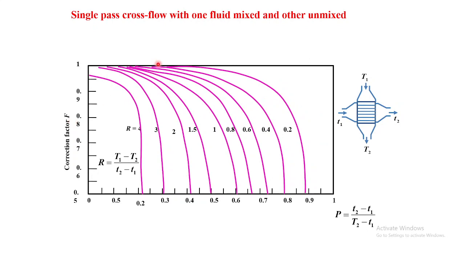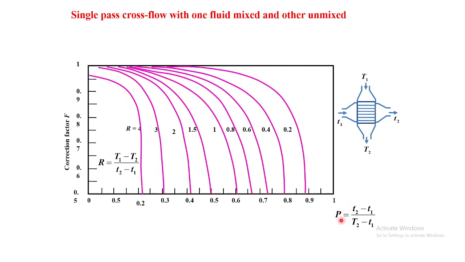And the last chart shown in the figure is for single pass cross flow with one fluid mixed and the other unmixed. So one of the fluids is flowing through the tube and is not mixing, and the second fluid is flowing across it and is mixing.